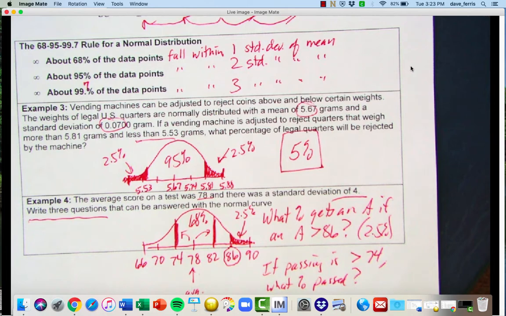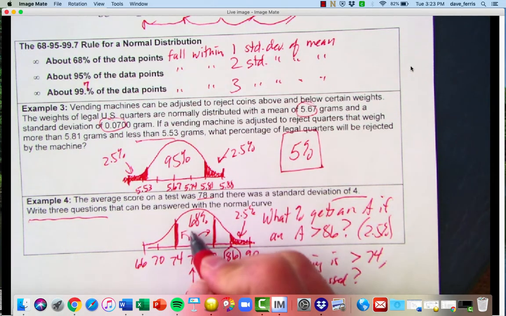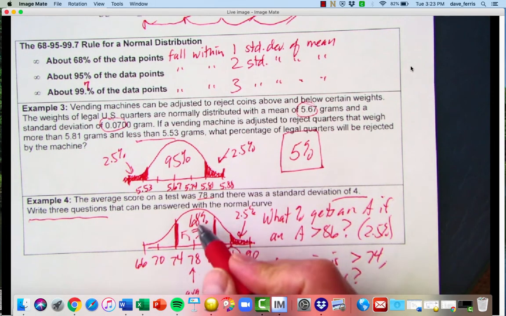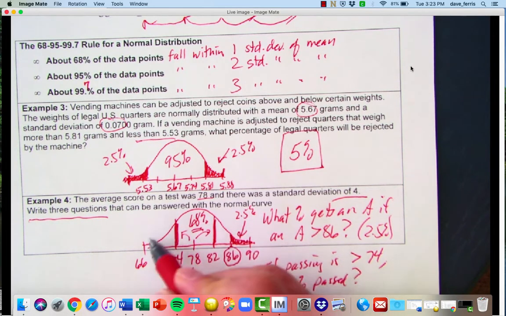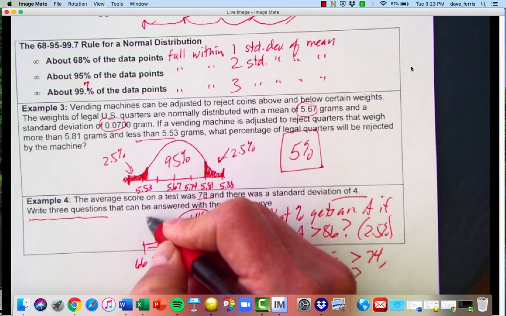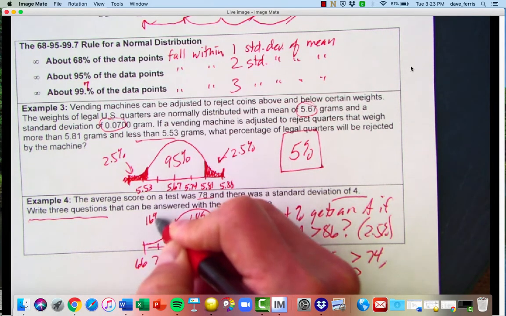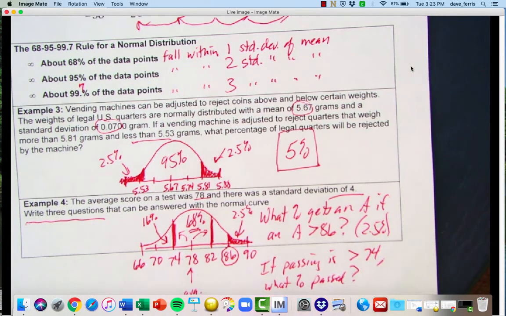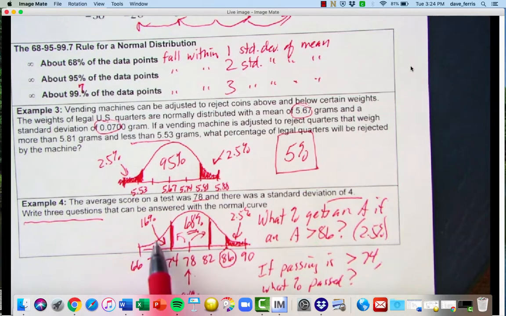Well, if this is perfectly symmetric and there's 68% in the middle, subtracting from 100% gives us 32%. And if you divide 32% in half, then each half is going to be, half of 32 would be 16%, wouldn't it?